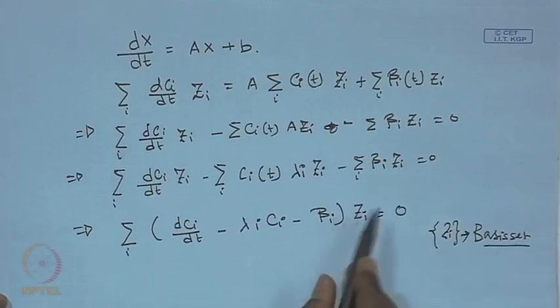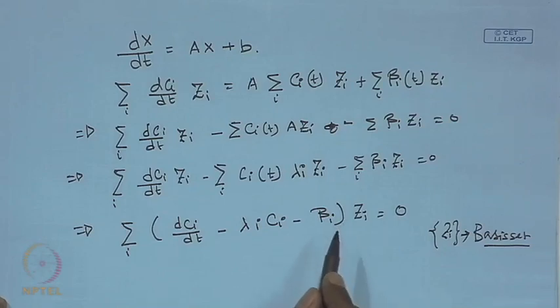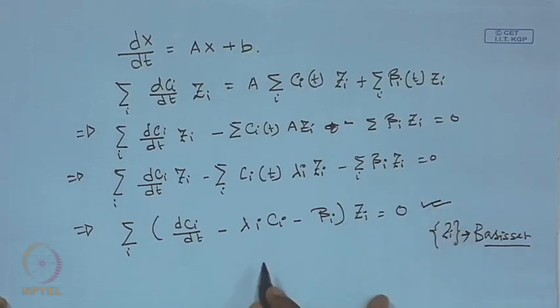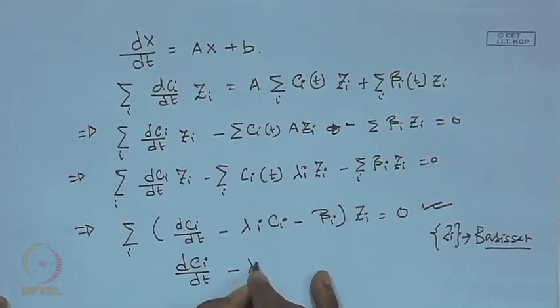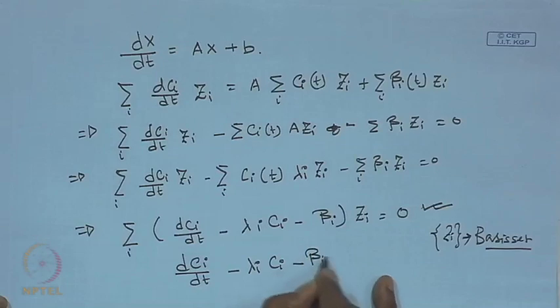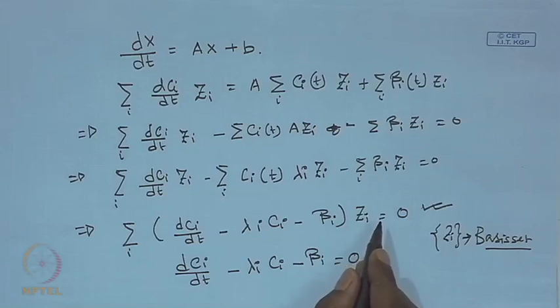So, if these vectors are independent and they are written in this form, the coefficient of each vector has to be independently equal to 0 in order to satisfy this equation. So, we have the condition dc_i/dt minus lambda_i c_i minus beta_i should be equal to 0, because the eigenvectors are a set of independent vectors. To satisfy this equation, all the corresponding individual coefficients must be equal to 0.